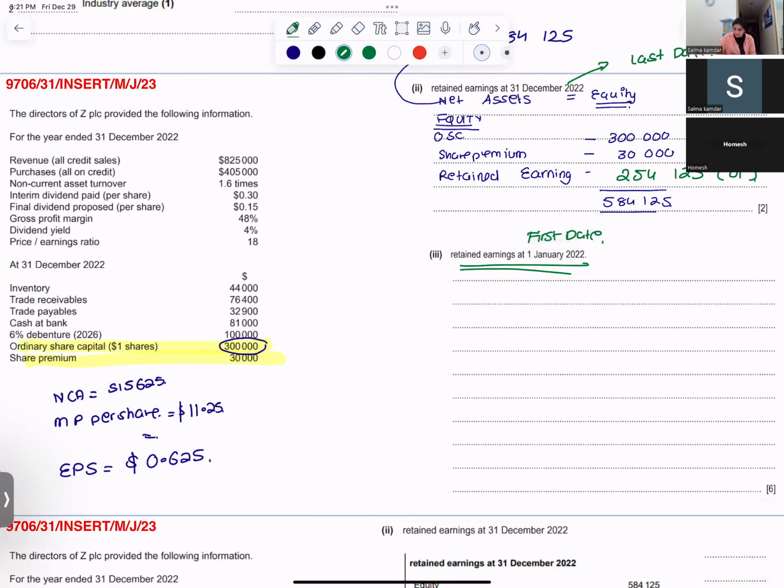So we can start with the closing retained earnings. Yeah, we can start with retained earnings at start, and you arrive at retained earnings at the end. What are the things that happen in between?